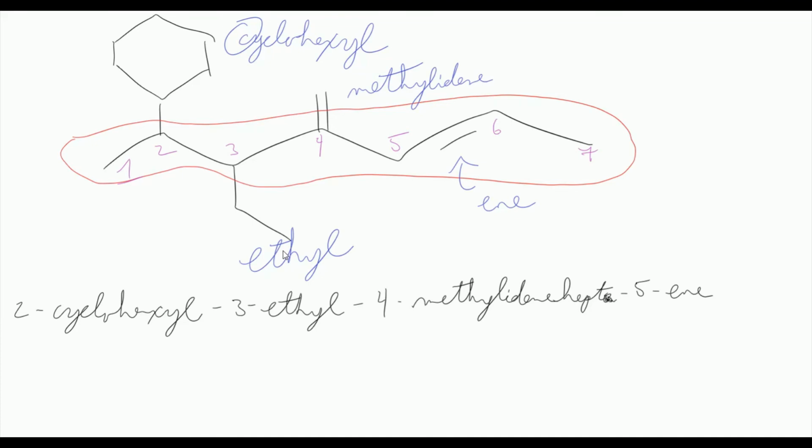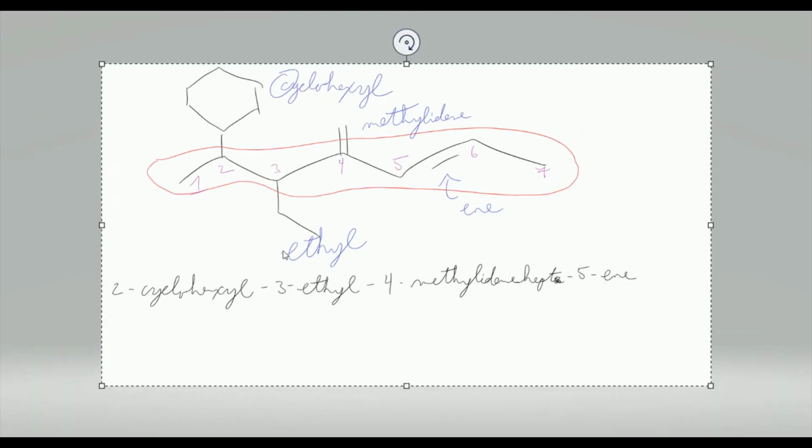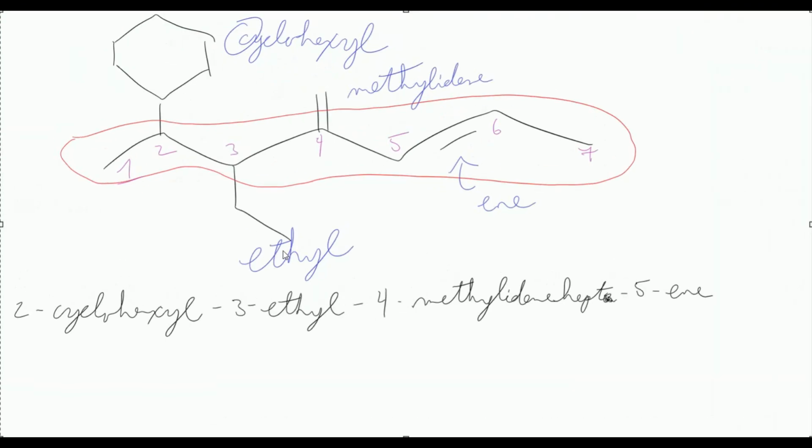Otherwise, we would be trying to name that big old heptane chain as a side chain, which would not be impossible. It would just be annoying, slightly more difficult than otherwise. So we just don't do that. So far, there's nothing particularly difficult about naming our ring system.